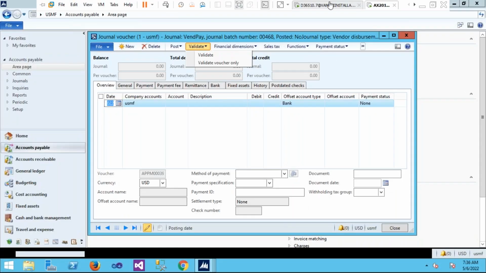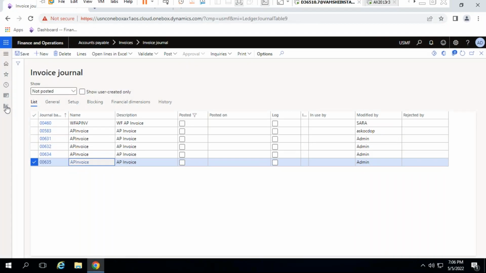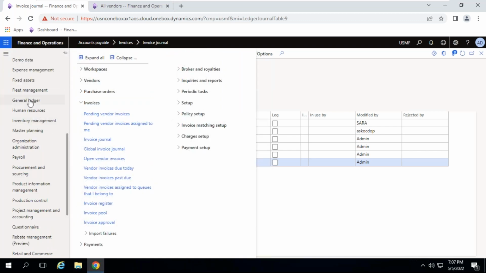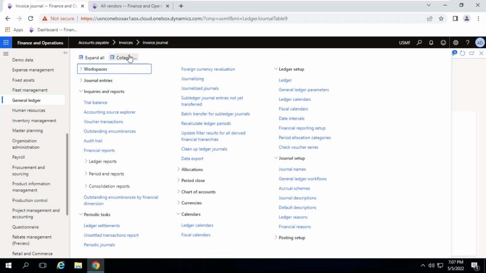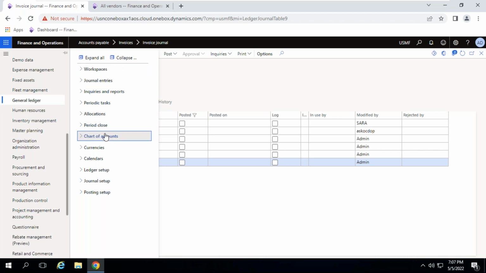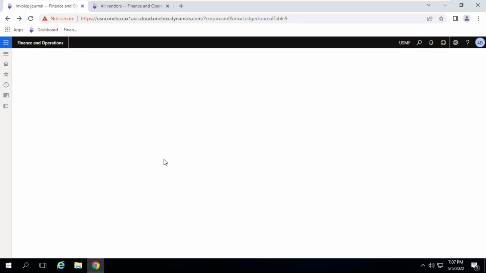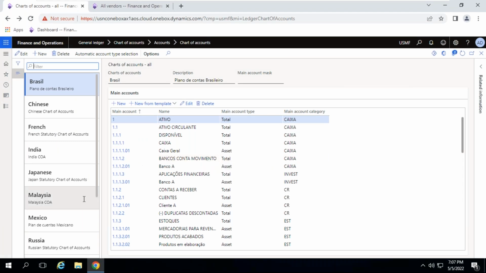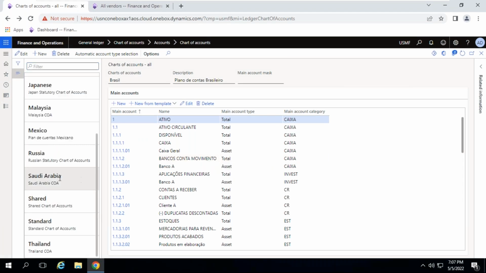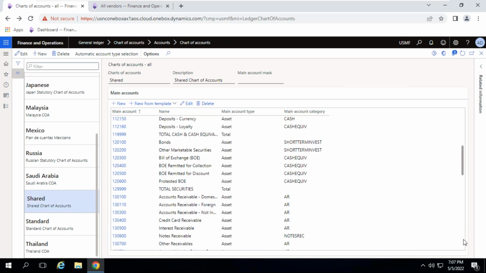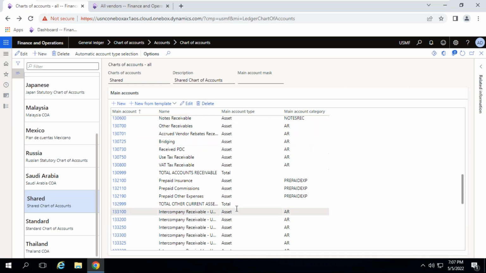One second. Let me go to D365. General ledger, collapse all, chart of accounts. Okay, suppose any one chart of accounts you are taking, suppose shared chart of accounts. 1 series, all are assets. Observe here the account type.